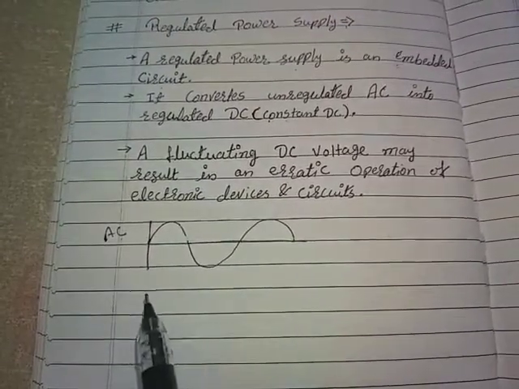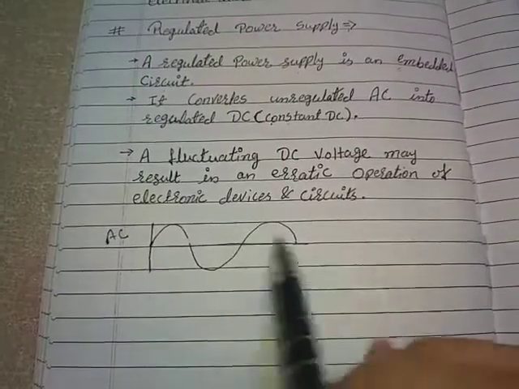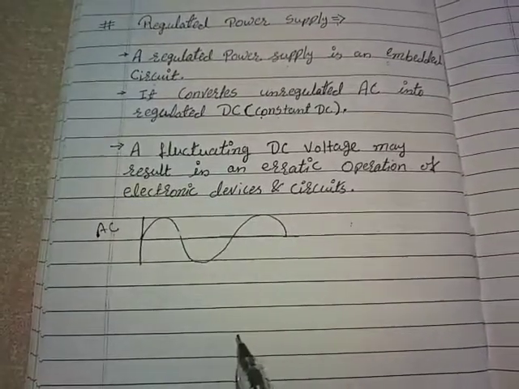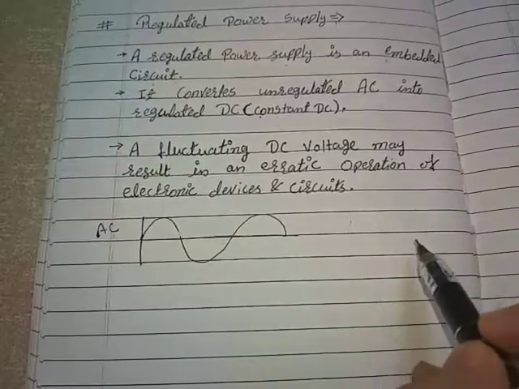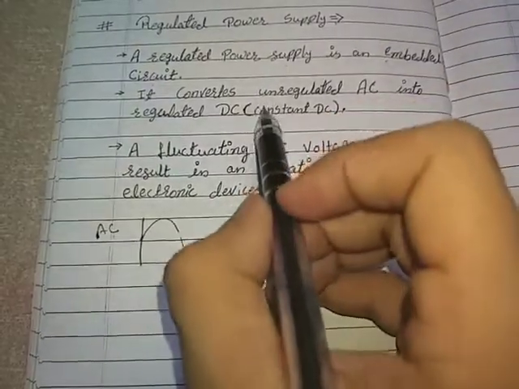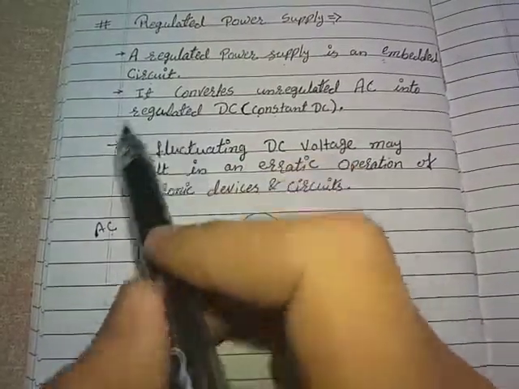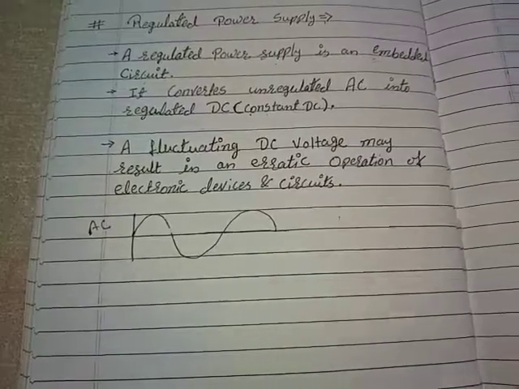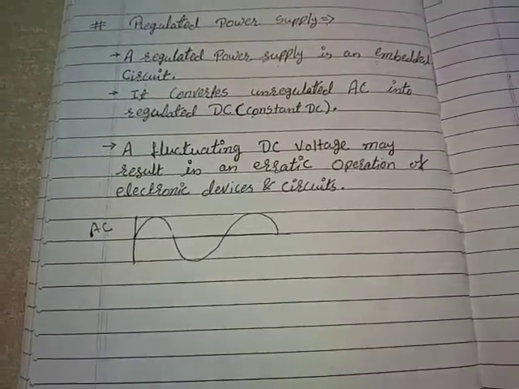We are always considering the ideal case. If we are saying AC, we draw a sinusoidal wave. If it is constant throughout the time period, then we can say it is regulated. Regulated means constant, which gives a particular value throughout the time period.